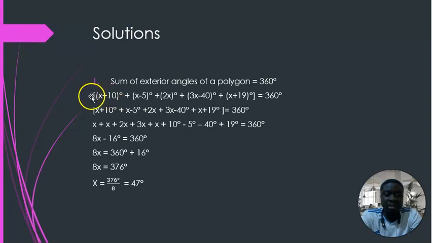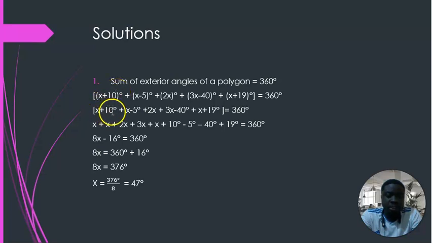Then x plus 10 degrees will be inside, plus x minus 5 degrees, plus 2x degrees, plus 3x minus 40 degrees, plus x plus 19 degrees is equal to 360. We are summing the exterior angles and it should be equal to 360 degrees. Now we take off the brackets, not the parenthesis. The parenthesis is still there, but I take off the brackets.